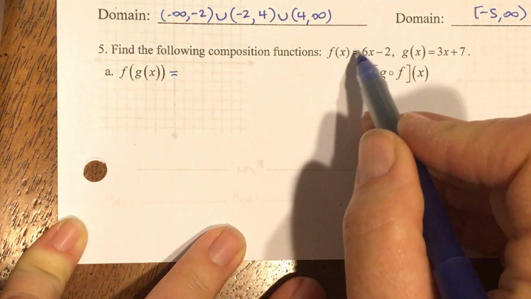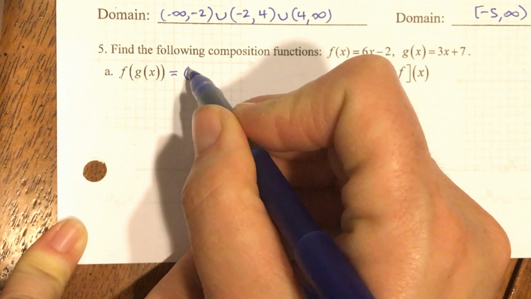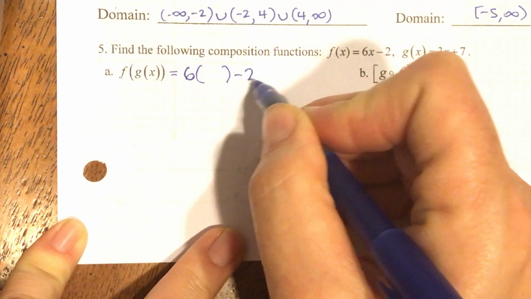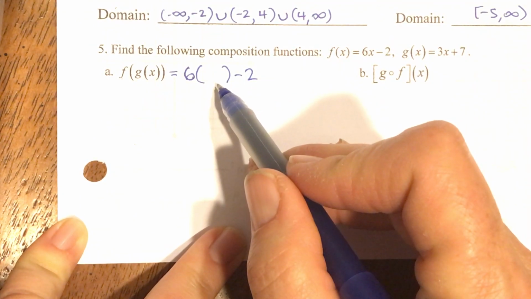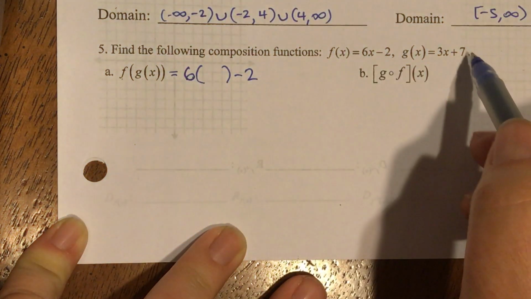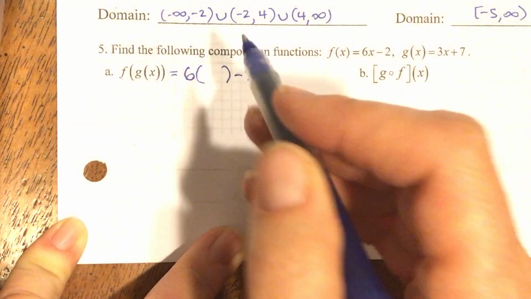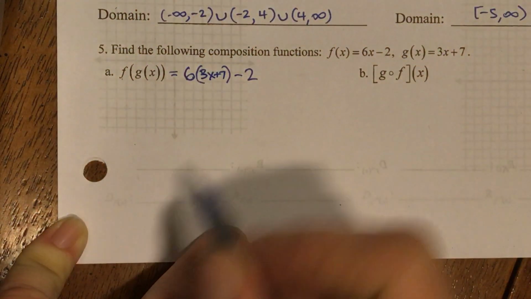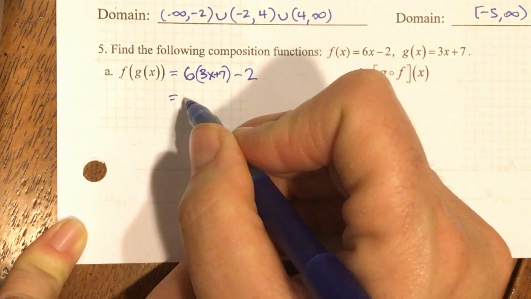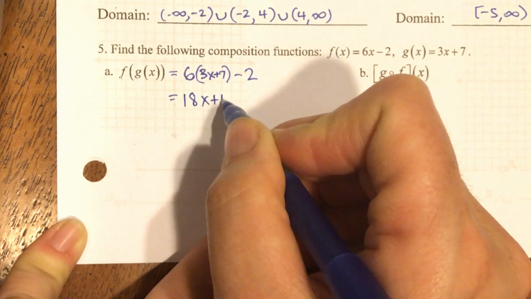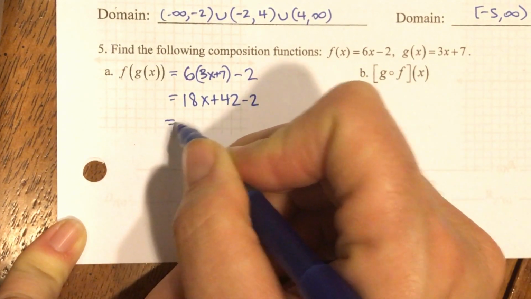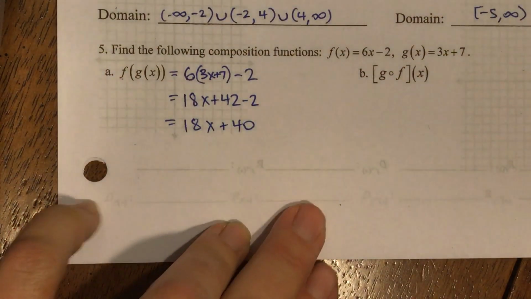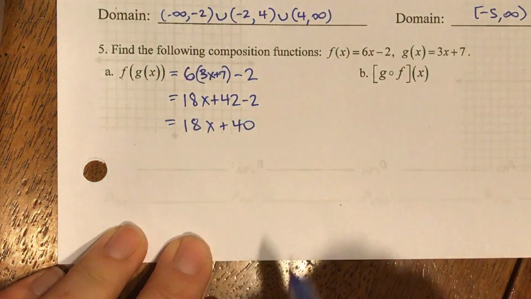And it's 6x minus 2. Notice I said x, but I didn't write an x. I wrote parentheses. Now I'm going to take g and substitute it into that. So this is 3x plus 7. And now it's just simplifying. Distributive property is 18x plus 42 minus 2. 18x plus 40. Okay. That one's good.